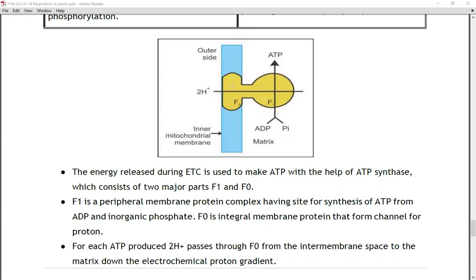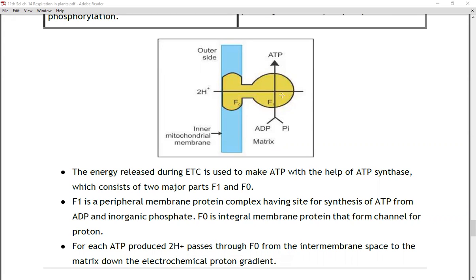Amongst them, the part inside the membrane is the F0 part, and outside in the matrix, the round colored shape is the F1 part. Now F1 is a peripheral membrane protein. As it is not present inside the membrane but is attached to the membrane, this type of protein is known as a peripheral membrane protein complex, and it has the site for synthesis of ATP.